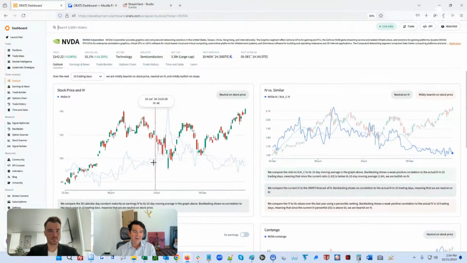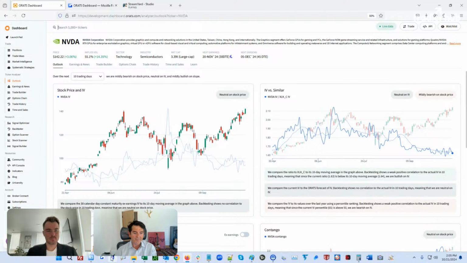Like as vol started going up, Nvidia started coming down, and then as vol started coming down, it's been rallying, and you can see that here. So you'd be watching for this implied volatility, which is kind of at the low end. If it keeps going down, that's bullish, let's say. So that's what you'd look at in this first stock price and implied volatility chart.